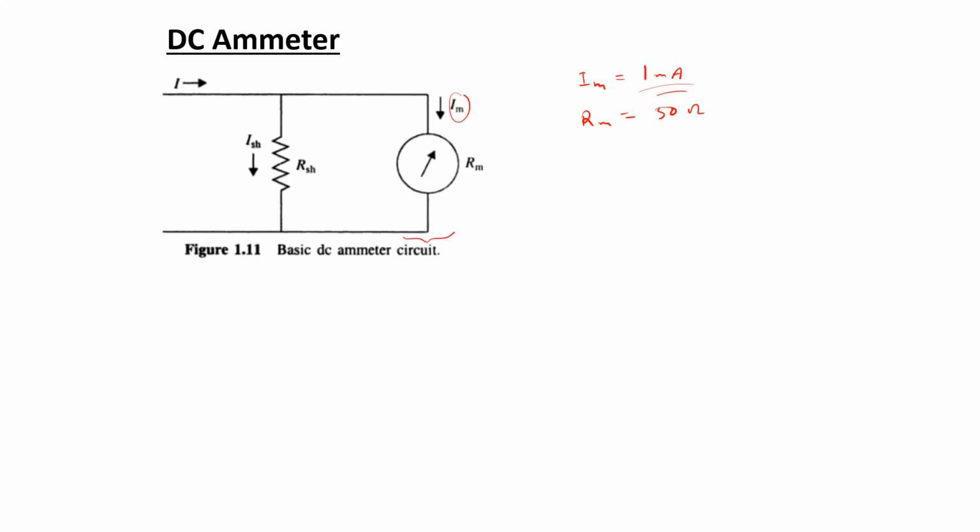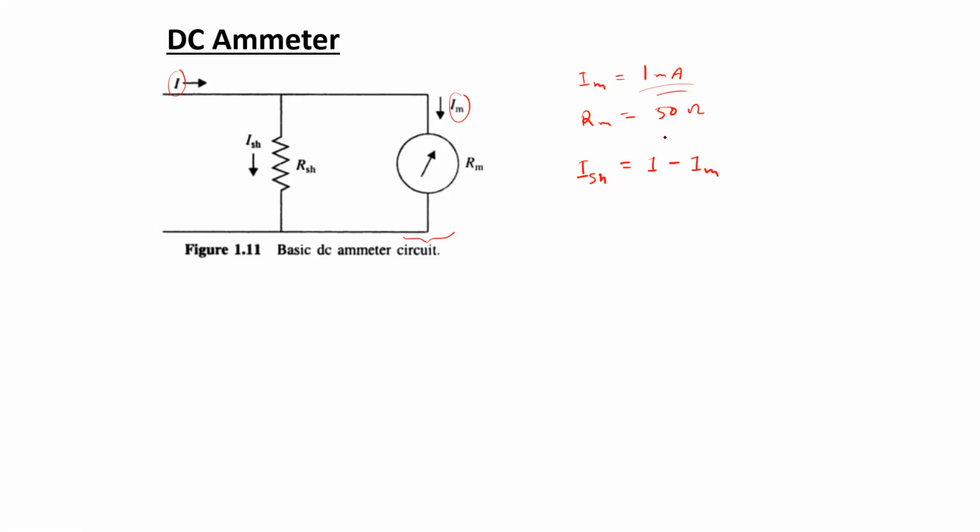For example, let's say if this shunt branch is there, then a current up to the value of I can be measured using this arrangement, depending upon what is the value of RSH. So in that case, the current that is going to be passing through the shunt branch is I minus IM.